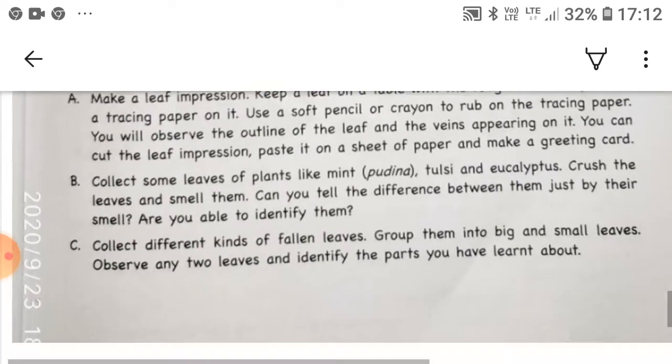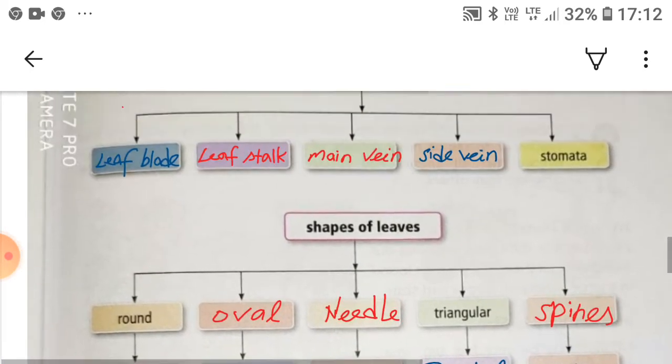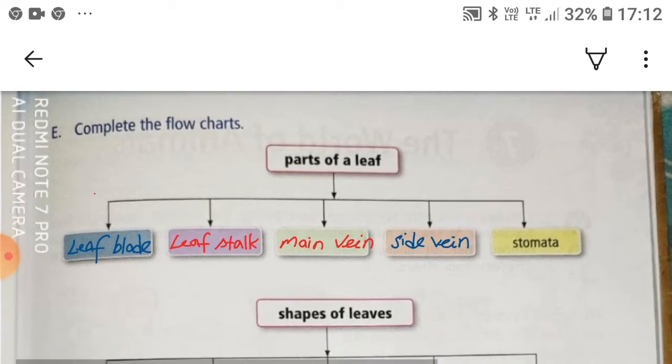Now open page number 39. Here you can see E part of exercise time. Complete the flow charts, parts of our leaves. So first part is leaf blade.